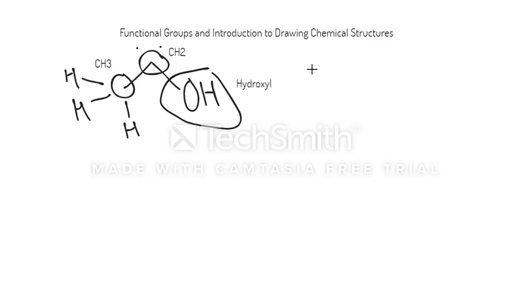Another form of group is something called a carbonyl. So a carbonyl is described as a carbon, which as we see here, bound to an oxygen through a double bond. So in this case, we would question, is there a hydrogen here or not? The answer is there can be a hydrogen here, possibly, right?